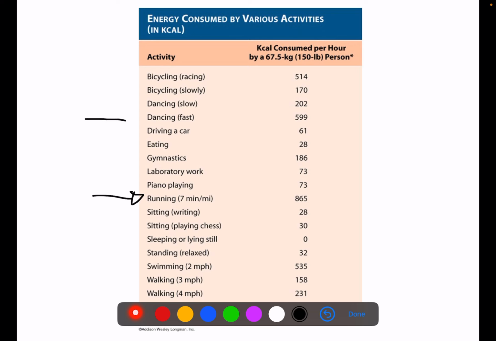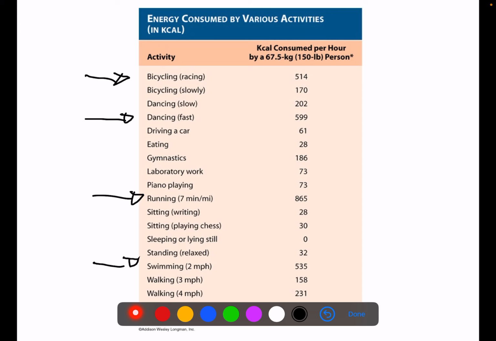To that end, dancing fast, which you also had a good time discussing in lecture, will also burn a lot of calories, again, because you're largely using the big leg muscles to burn through calories. So essentially anything that is showing high calorie burning is usually something that involves, not surprisingly, your leg muscles.